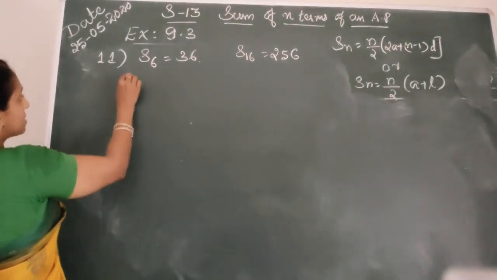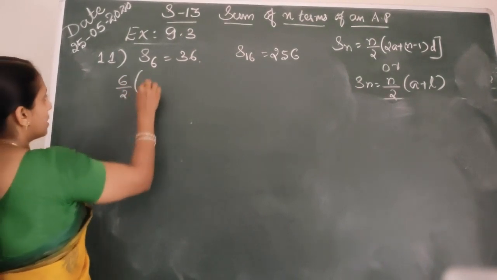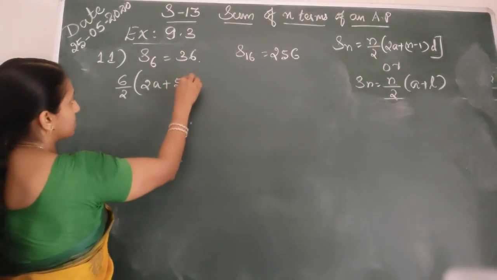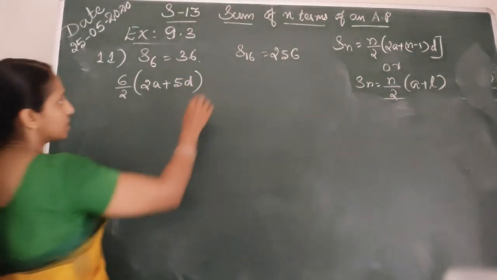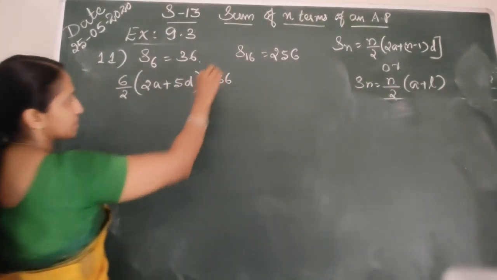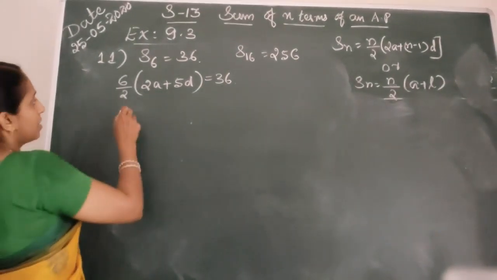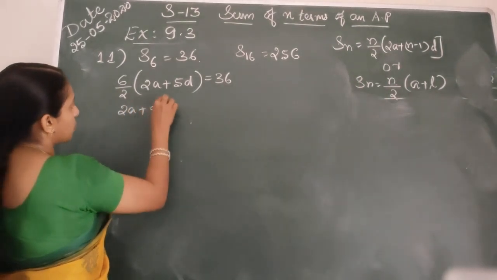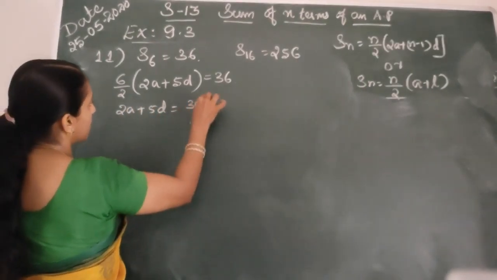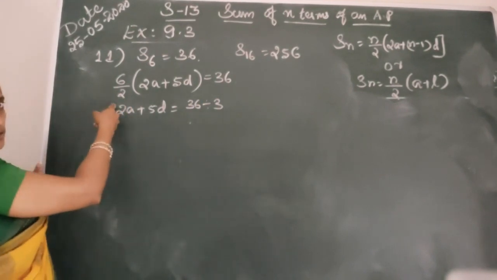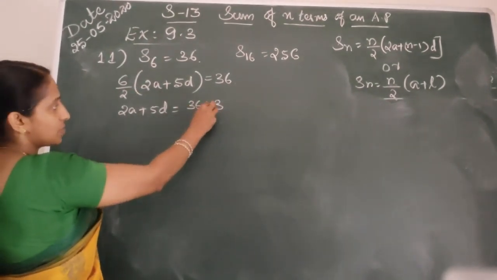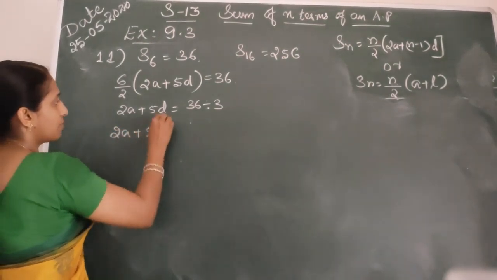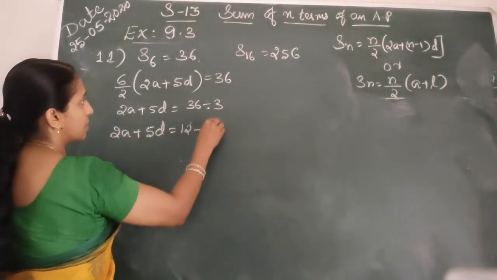That is 6 by 2 into 2A plus 5D equal to 36. So you are getting 2A plus 5D equal to 36 divided by 3. 6 divided by 2 is 3 and 3 goes there, dividing. So you are getting the first equation 2A plus 5D equal to 12.